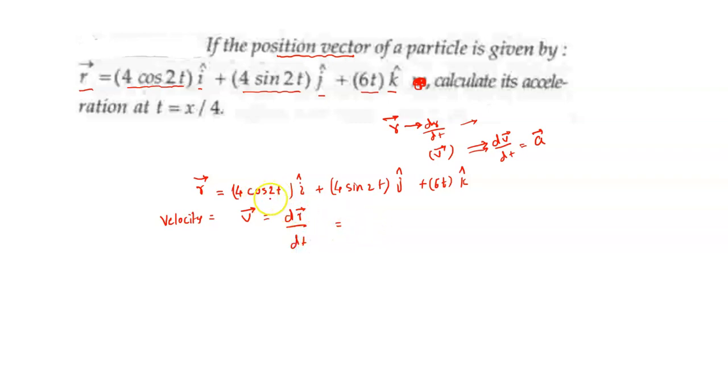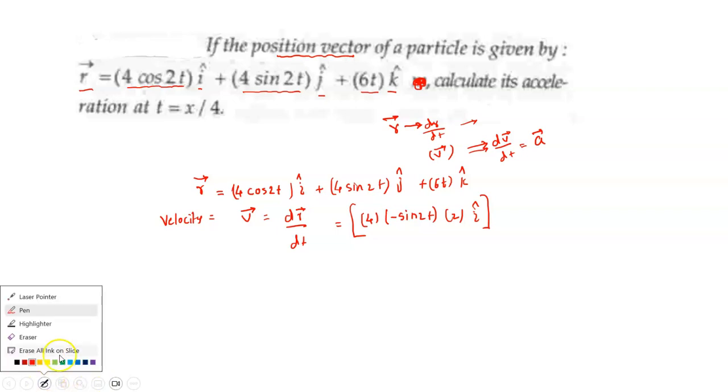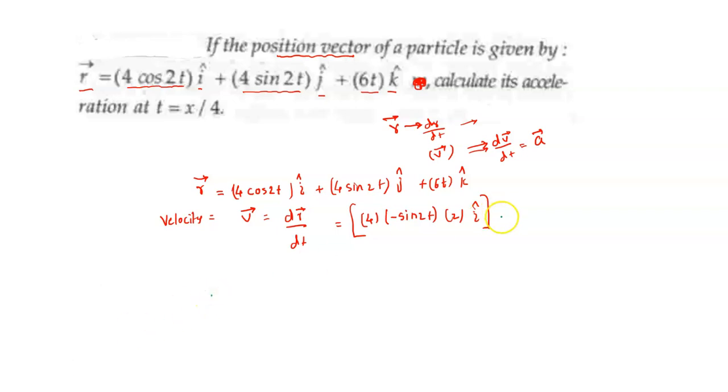Cos 2t, by the chain rule, cos will become minus sine, and the derivative of 2t is 2. So it will be 4, as usual the constant, times minus sine of 2t, multiplied by 2, into i hat. Now let's go for plus 4 as it is, sine 2t.